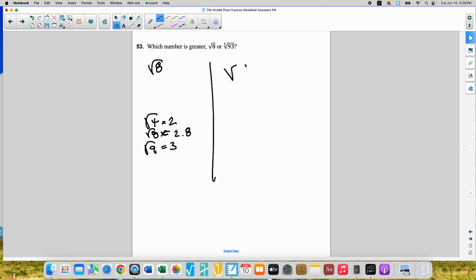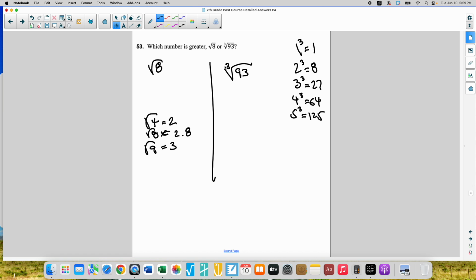And if we have the cube root of 93, what are the cube roots there? 1 cubed is 1, 2 cubed is 8, 3 cubed is 27, 4 cubed is 64, 5 cubed is 125.